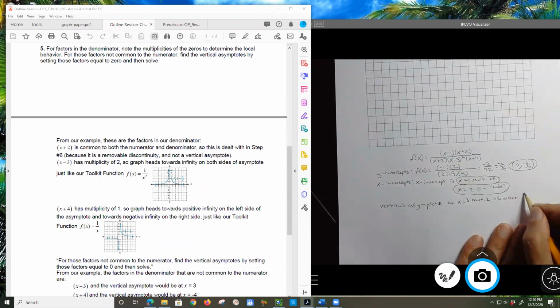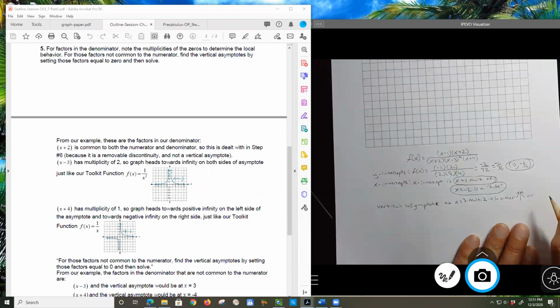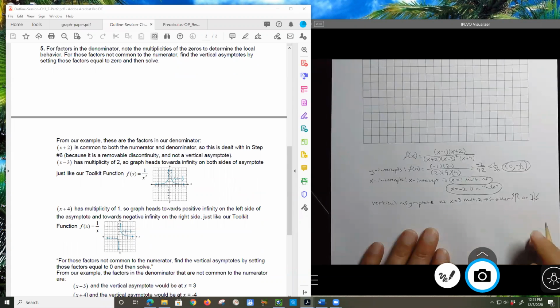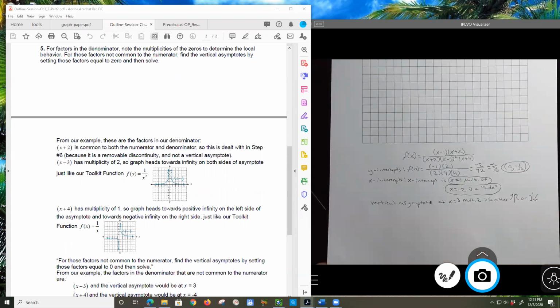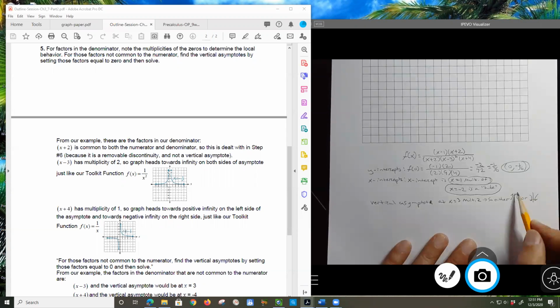So either this is going to happen, or it's going to go this way. It's one or the other. And you say, well, how am I supposed to know? Well, that's what I'm going to show you. We're just getting a bag full of clues here, and we will be able to deduce it, in other words. So at this one, it's going to be like that.